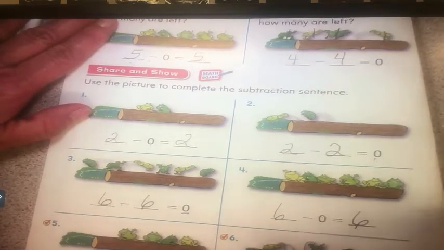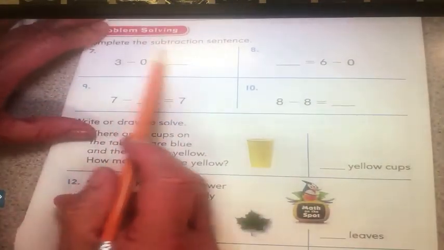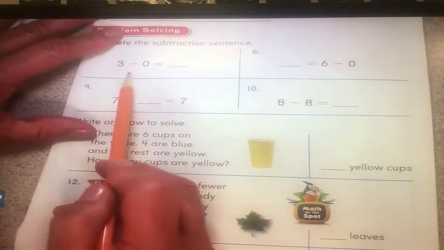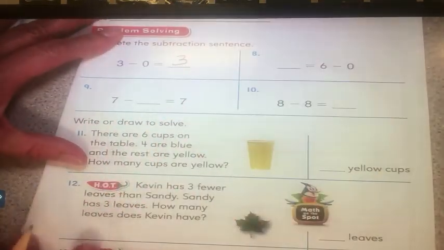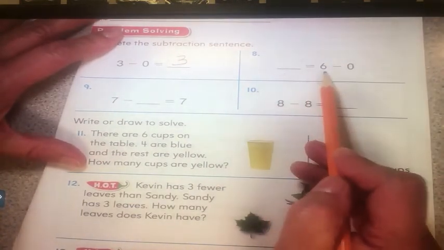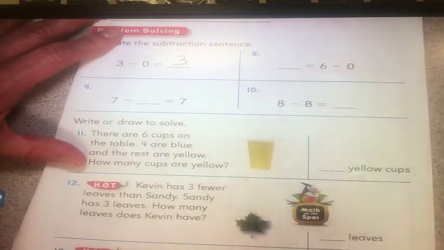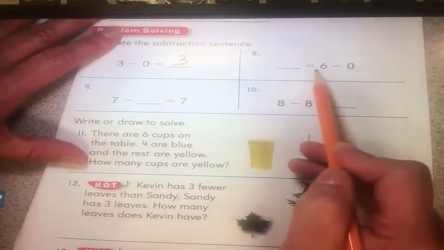All right, turn to the next page, 185. Complete the subtraction sentence. 3 minus 0 is 3. These should be pretty easy for you guys. Blank equals 6 minus 0. They're just kind of going backwards there.